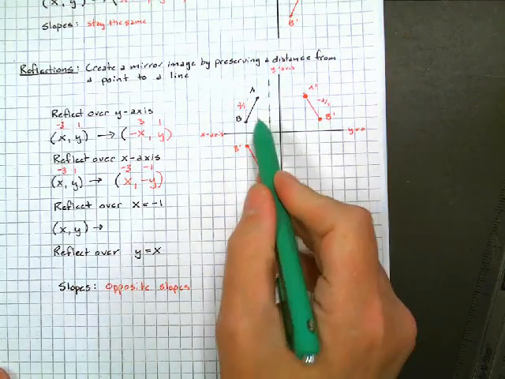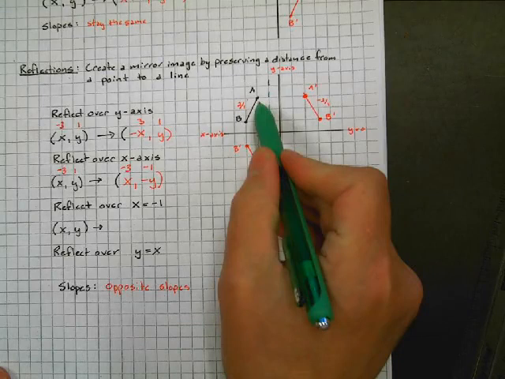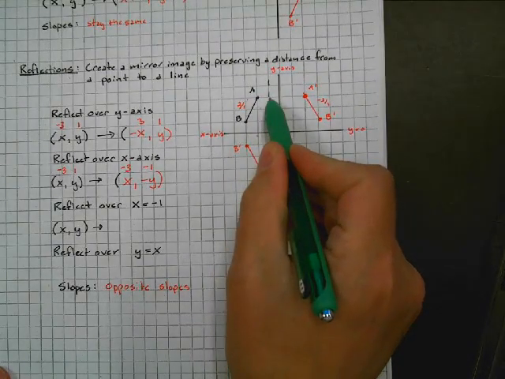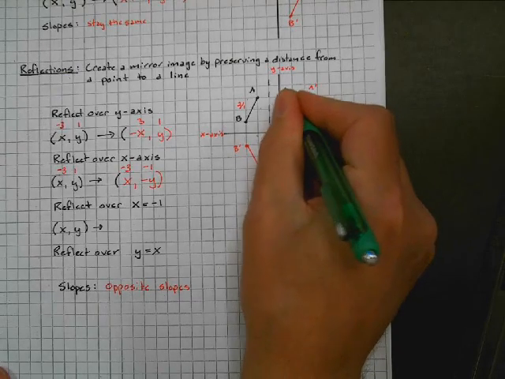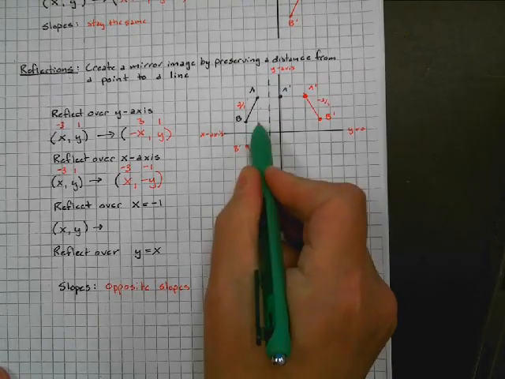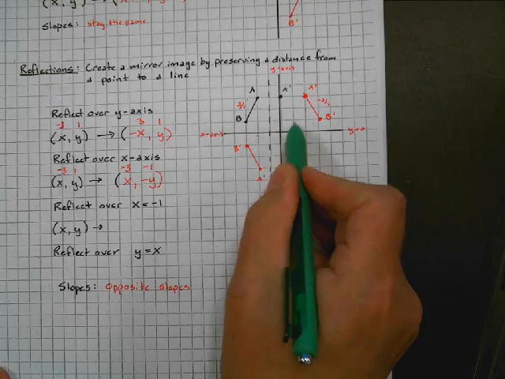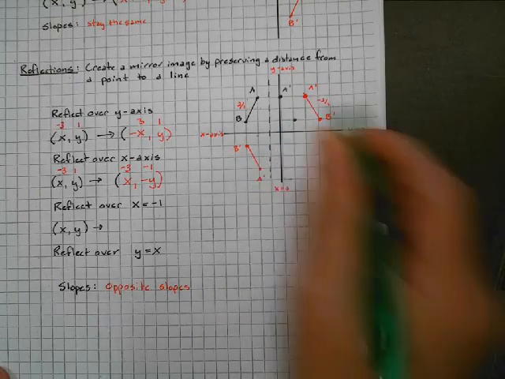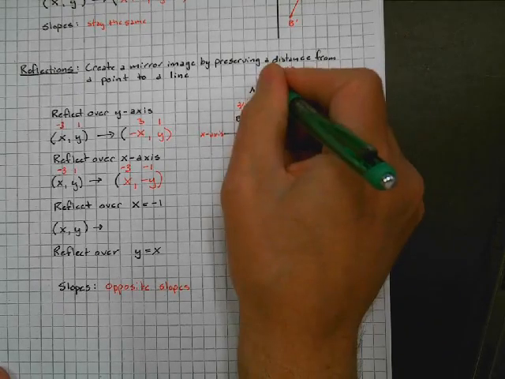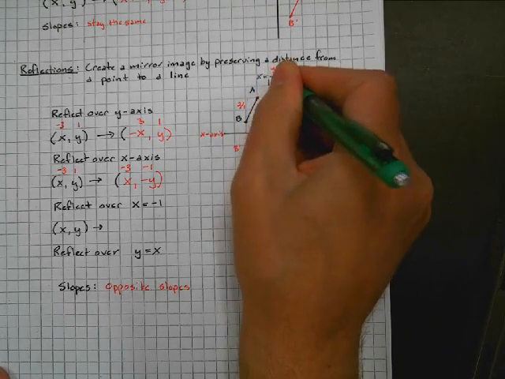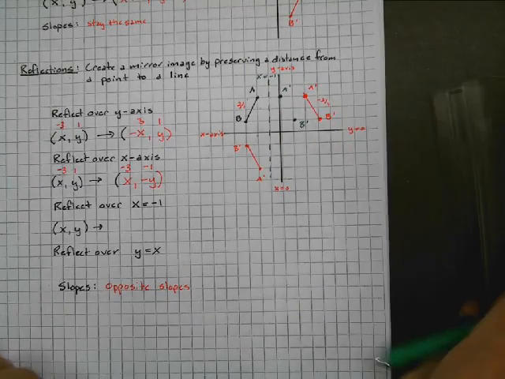If I want to reflect over that line, I still just measure the distance to the line. So a prime would show up right here. And then b is 1, 2 spaces away, so I'd go 1, 2 spaces away over here. So there's my line, x equals negative 1, and I have now reflected over it.